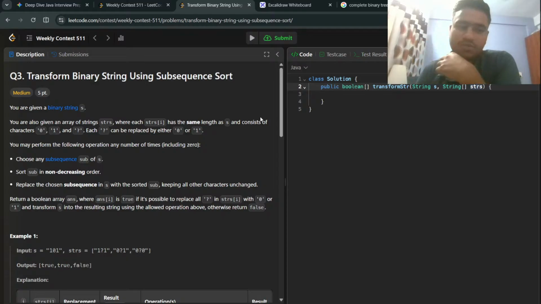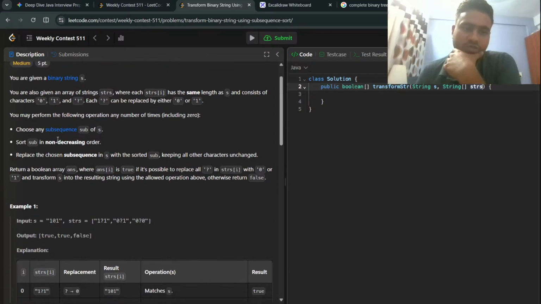You may perform the following operation any number of times. Choose any subsequence of S. Basically, we can choose any subsequence from S, right? Sort sub in non-decreasing order, so non-decreasing means increasing order.